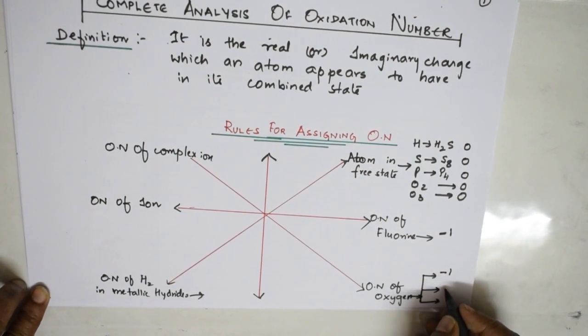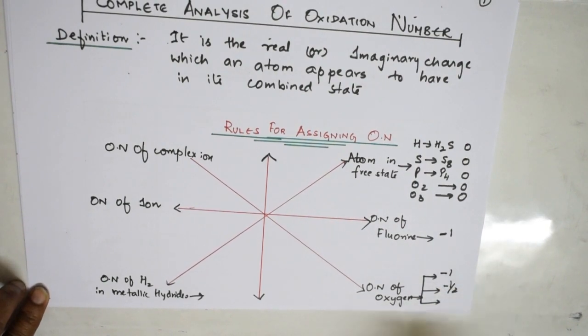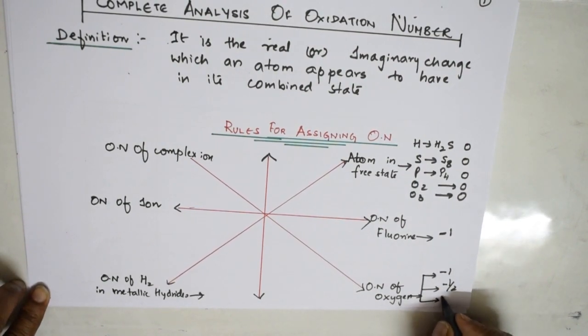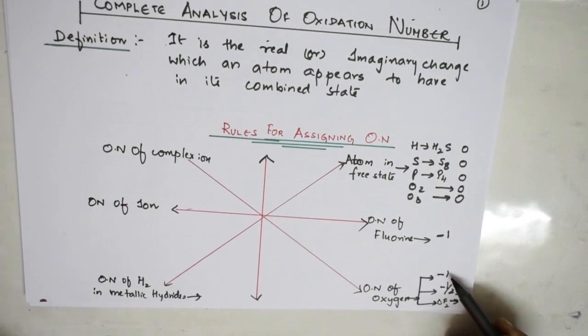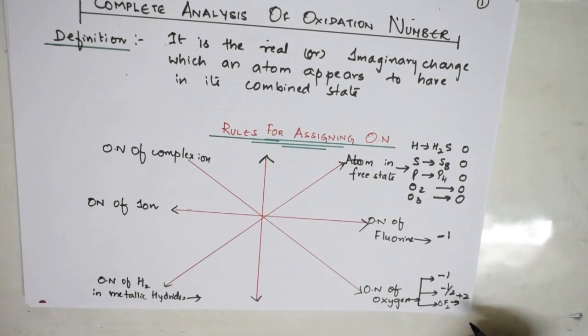In superoxides, the oxidation number of oxygen is always -1/2. And in oxygen fluorides, like OF2, the oxidation number is always +2. So remember this: first is peroxides, -1. Next superoxides, -1/2, and in OF2 it is always +2, right? So done, remember.